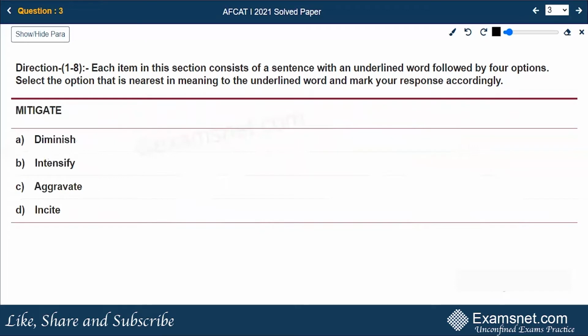Next, question number 3. Mitigate, diminish, intensify, aggravate, incite. So what do you mean by mitigate? It is to make something less serious or painful.